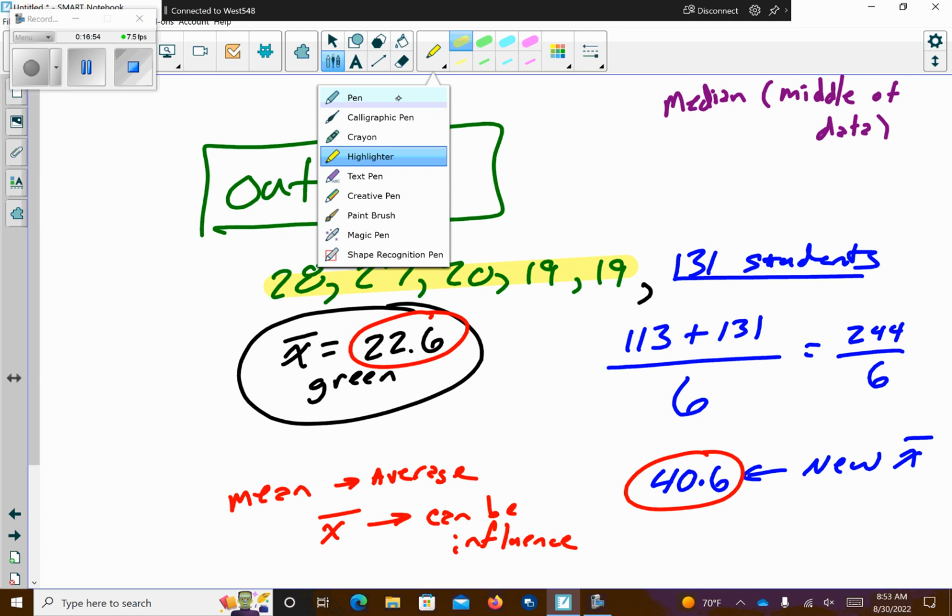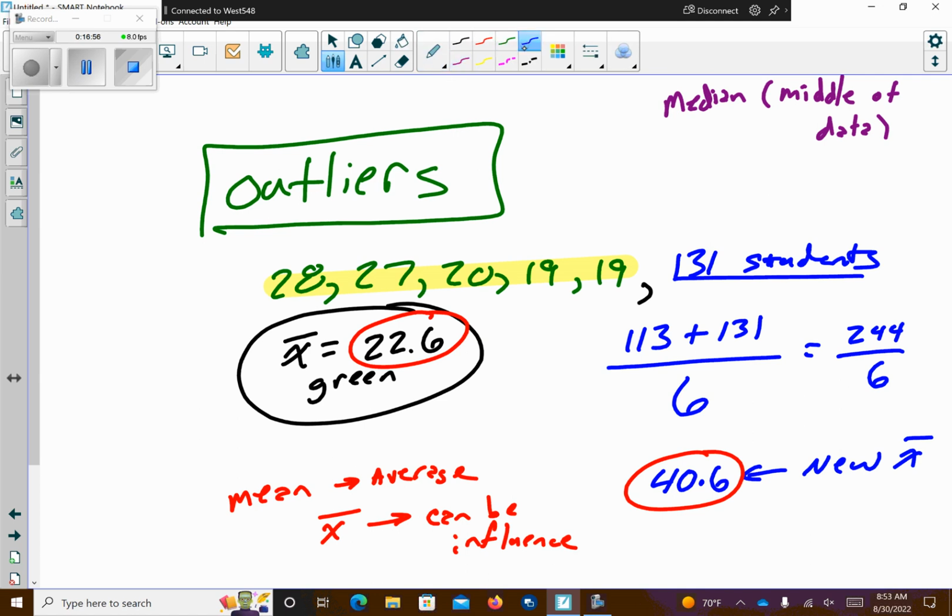And I'm going to take that first part and I'm going to put it in order. Okay, so this is my original data in order. So my very middle data on this is my median.